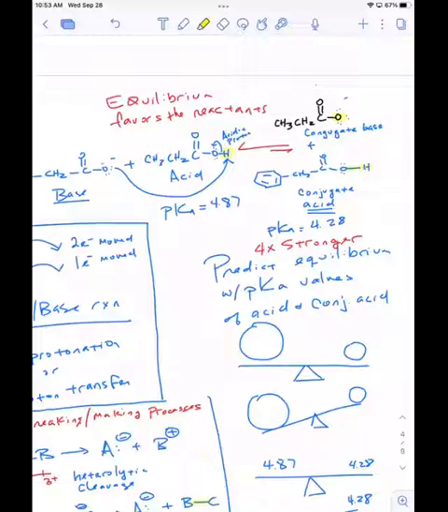And then the only other thing that'll be new on Friday is figuring out why certain acids are stronger than others, as far as the factors that affect the pKa.